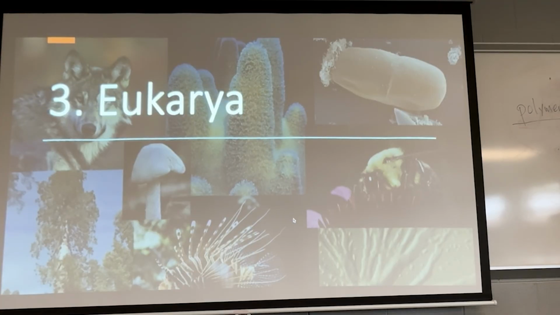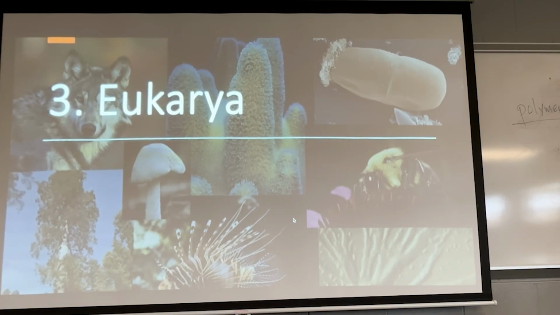All right, so that's all I'm going to spend on prokaryotes. Now the rest of the slideshow, 60 slides or so, is on the eukaryotic line, or eukarya. So we've got those three domains, right? Bacteria, archaea, and eukarya. And you can see behind the word here that we've got all kinds of different types of eukaryotes.